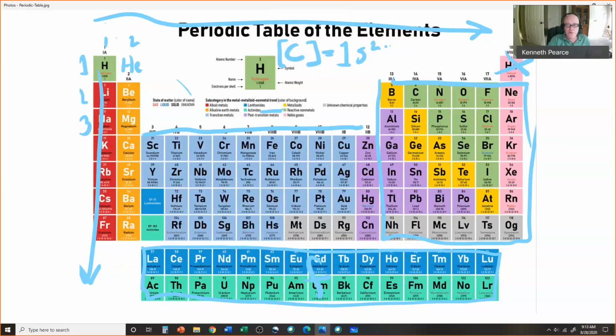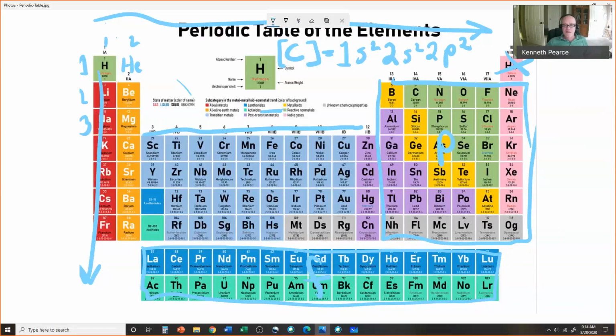And then we jump across, and we have to start with lithium, and we say 2s1, 2s2, that fills up the S block. And then we jump across to boron, and that is still on the second row, but now we're in the P block. And so since we're in the P block, we start all over again. Boron would be 2p1, and then carbon is 2p2.